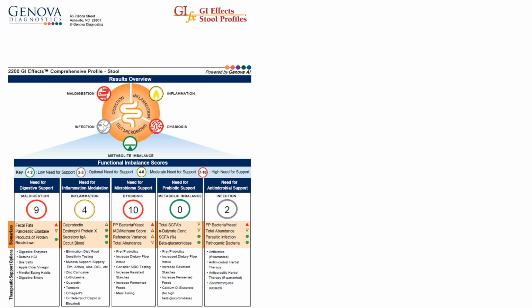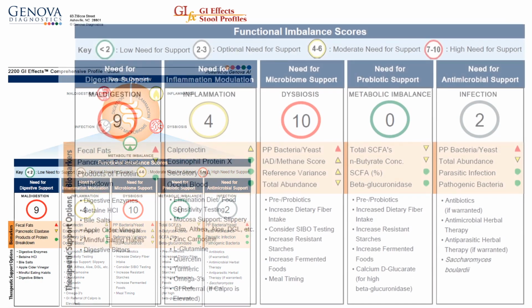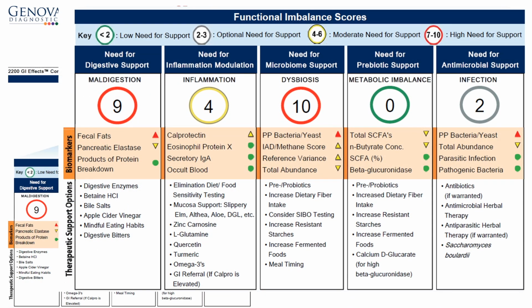Now we can come back to the front page and summarize the recommendations for this patient. The priority would be to address the maldigestion, dysbiosis, and inflammation, since those scores were the highest. In the maldigestion section, digestive enzymes or pancreatic enzymes would be appropriate since the patient is in pancreatic insufficiency with fat maldigestion.